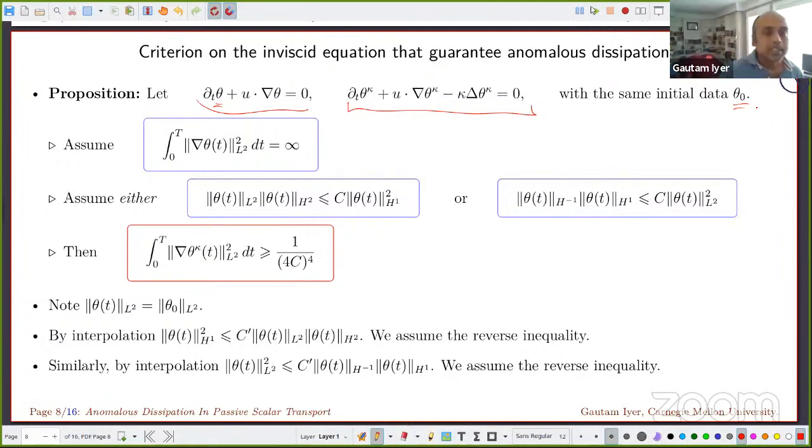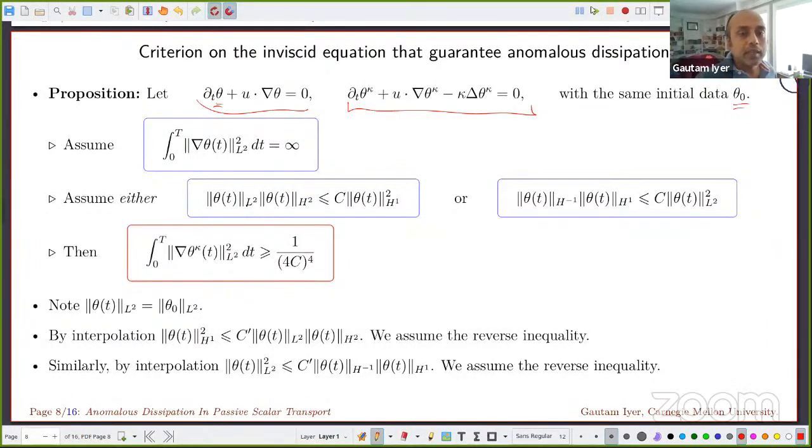So what are my assumptions? First, let's take the transport equation. I need to insist that up to time t, the H1 norm blows up. So the integral from 0 to t of the squared L2 norm of the gradient of theta is infinity. Then I need to make one of two assumptions.